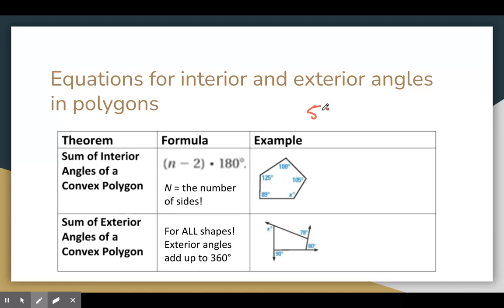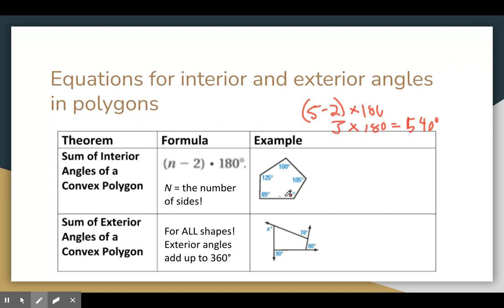So if we do 5 minus 2 times 180, right? Remember, these are parentheses, so you have to do that first. This just becomes 3 times 180, which we know is going to be 540. So that means in all pentagons with 5 sides, the interior angles add up to 540 degrees.